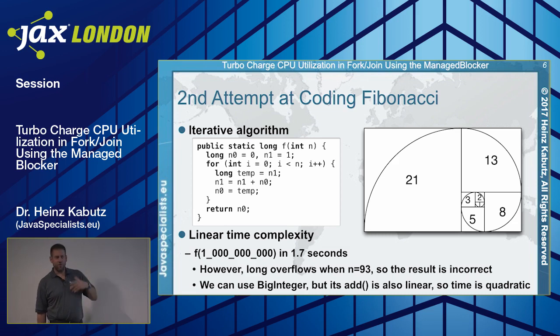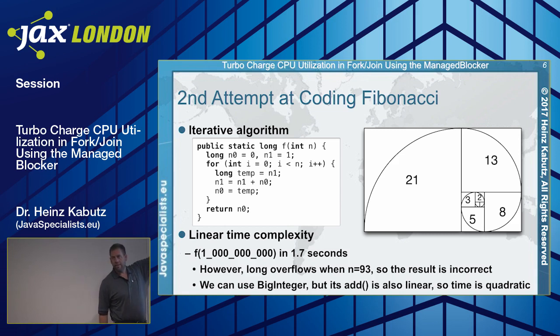So the solution would be to take BigInteger, which doesn't overflow. It allows you to have a number as large as you want. This is great, and it works, except that the add function has linear computational time complexity, so it's order n for the add. Now, the algorithm is n, and the add is n, so it's n times n, which is n squared.